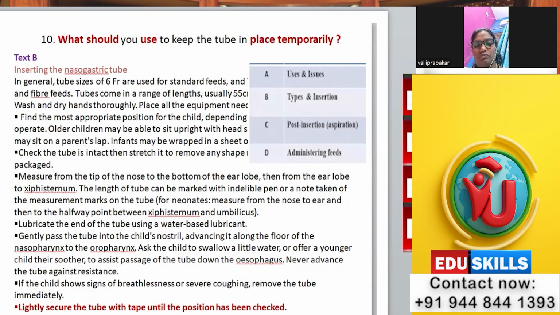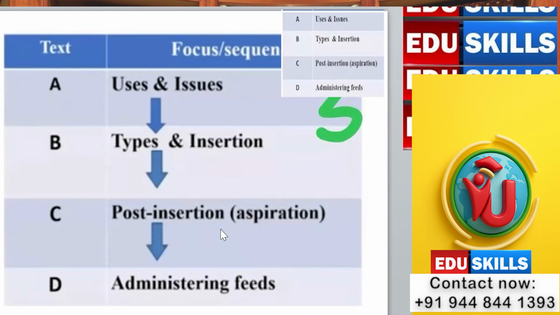Here tape is the answer. That place temporarily is paraphrased here. Until the position has been checked, they have to temporarily apply something. So tape they have to apply. Position has been checked means that is synonymous of placed temporarily. The answer is tape. Okay, and I will explain questions 11 to 15.